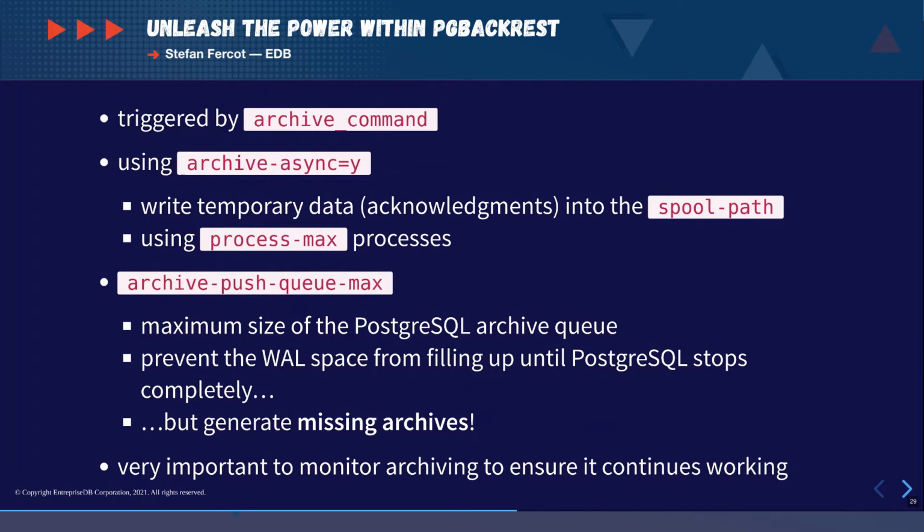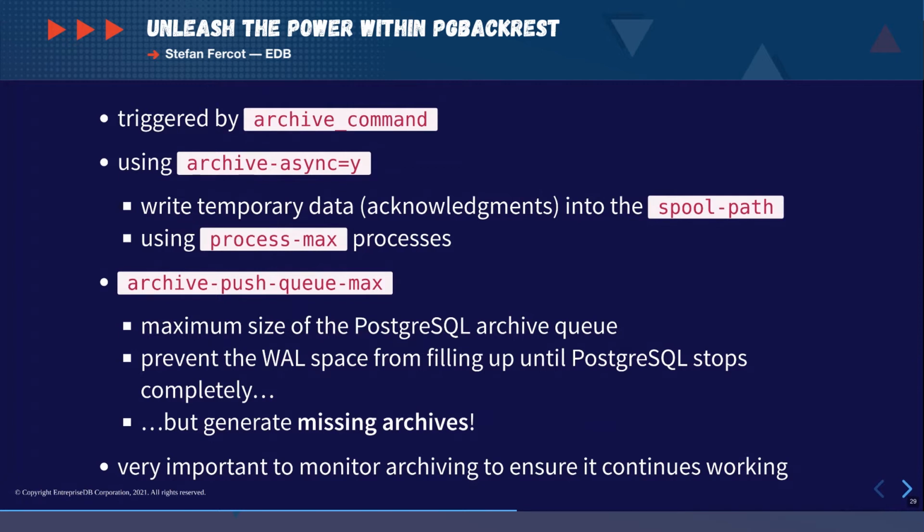And when it's done successfully, we will write in a spool path an acknowledgement file, just temporary data saying, okay, I've archived this one. So when Postgres requests to archive that WAL, it will already be done. So it's speeding up the archiving system by using multiple processes. The more processes you have, the more WAL files you will archive simultaneously.